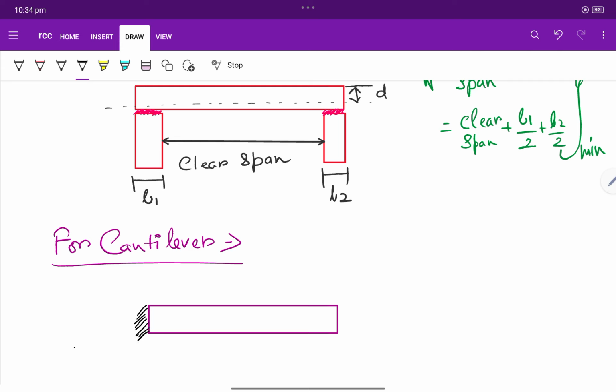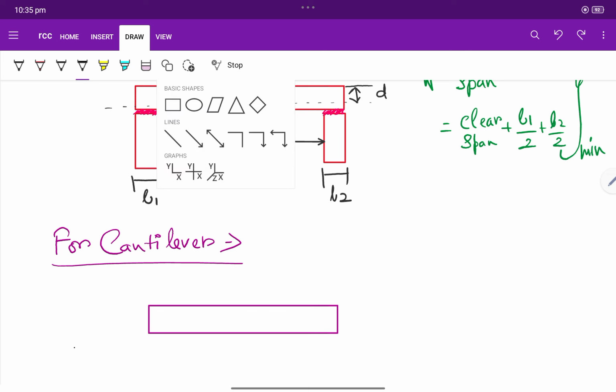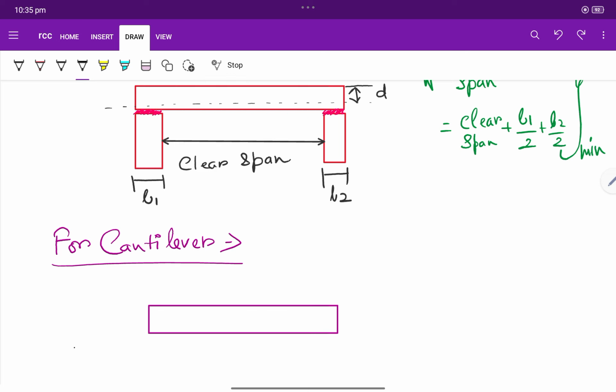Say this is a cantilever beam. Say there is a support here. We can draw a support also.